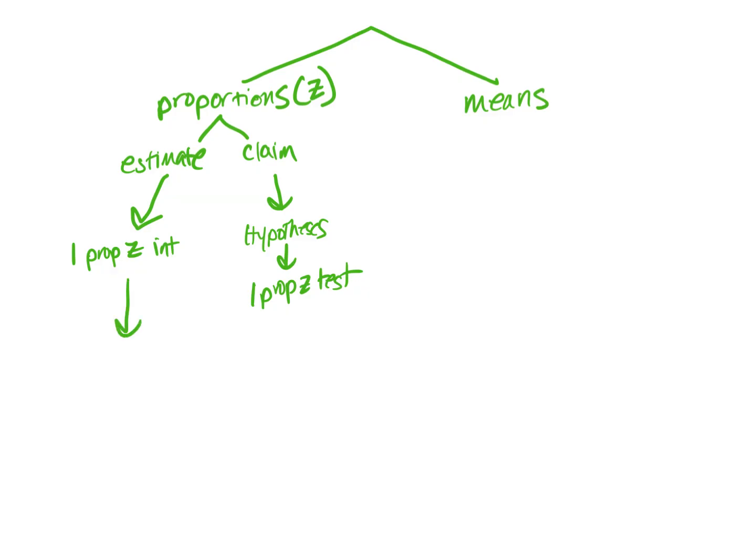If you're doing that z interval, your p hat plus your error is the upper end of your interval. That can help you find the margin of error if I ask you to find the margin of error instead.